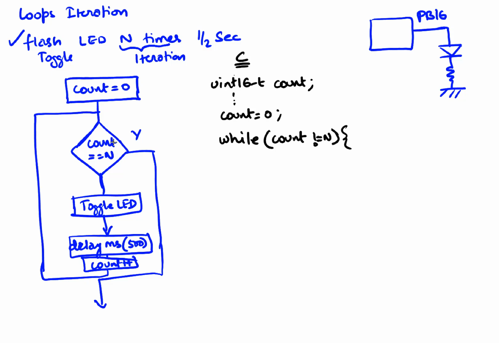I'm just choosing the complementary condition to this, right? And then I do the work, which is basically I'm going to toggle my LED. How do I toggle my LED? You said I have a GPIO B and I have an LED. So I'm going to look at my DOUT31_0.